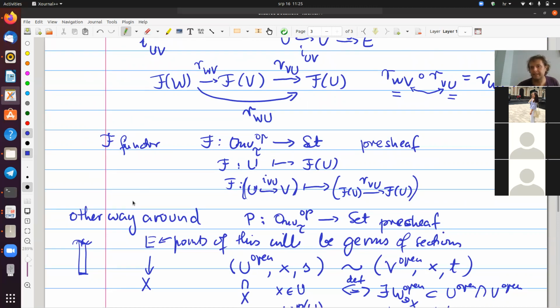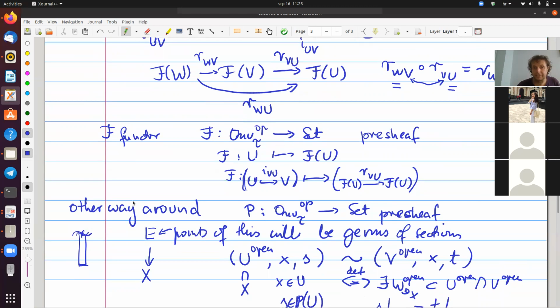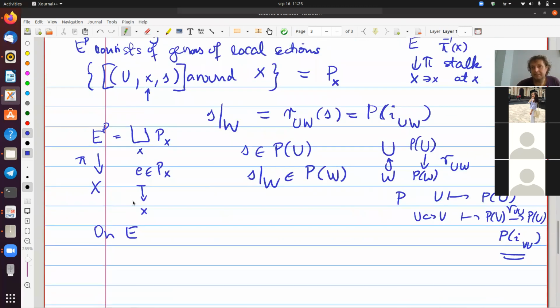That means every open set, open sets are exactly the unions of images of the sections. So here I put that as a definition. I simply define a topology on E.